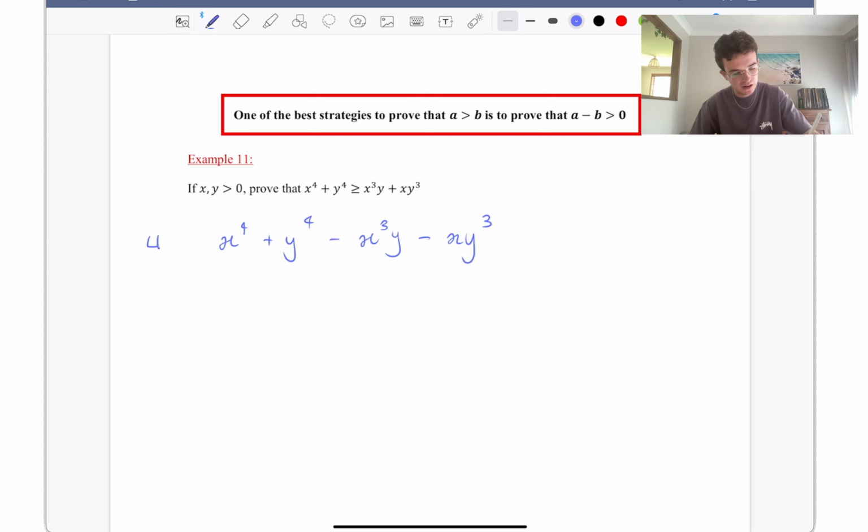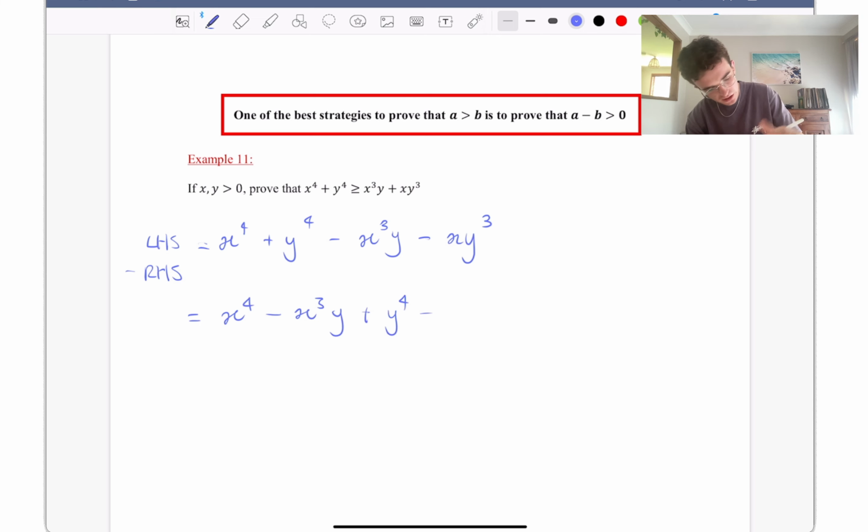So that's our left-hand side minus our right-hand side, which we could say is x to the power of 4 minus x cubed y plus y to the power of 4 minus xy cubed.